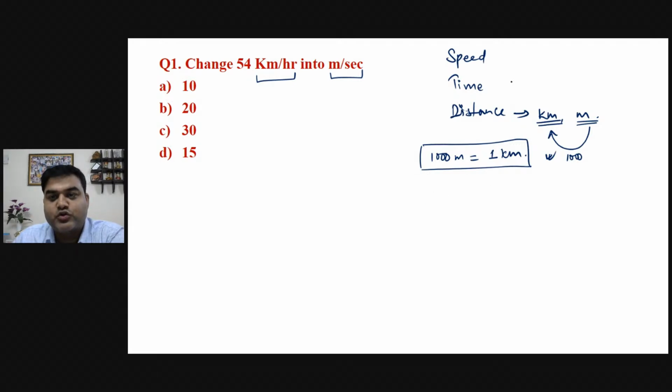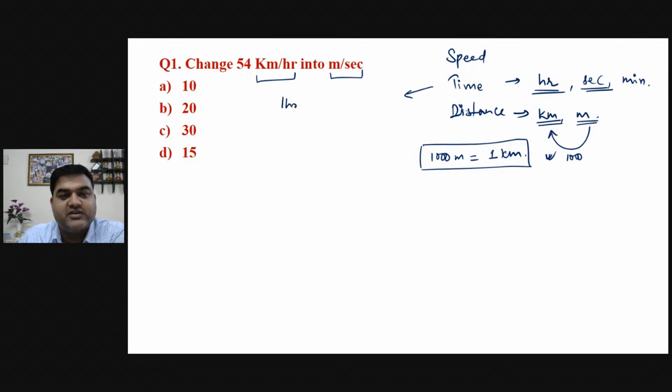Okay, coming to time, normally you will see time given as hour or in second. It can also be given in terms of minute, but normally these two are used. So how do we see the conversion? 1 hour is equal to 60 minute, and 1 minute is equal to 60 second.